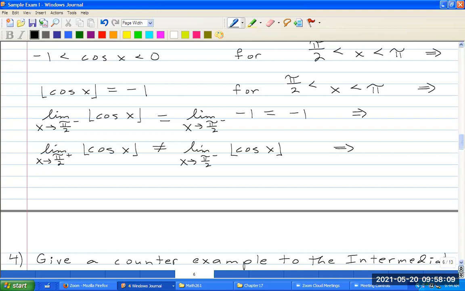Therefore, the two-sided limit of the floor of cosine x does not exist. Okay, so you're done.